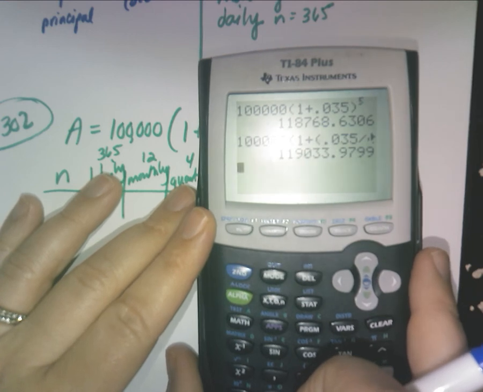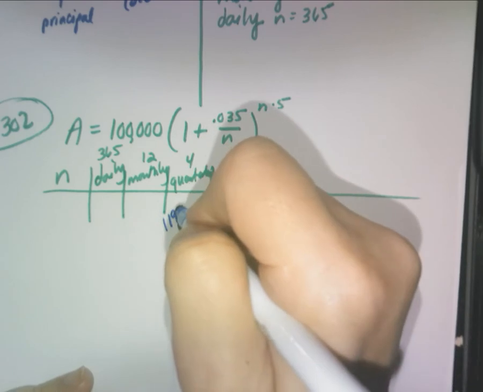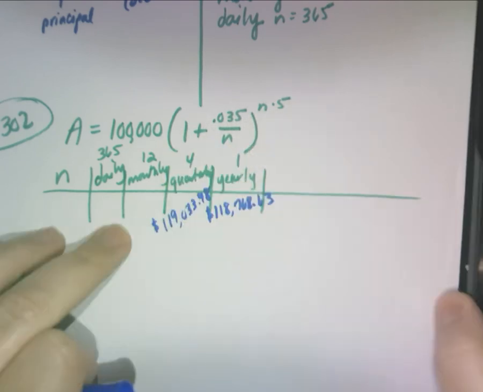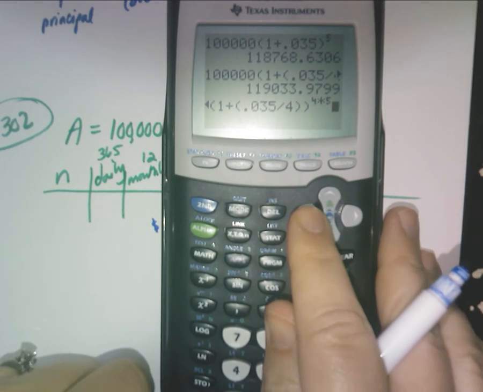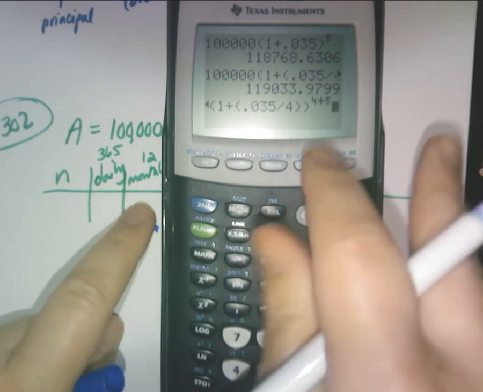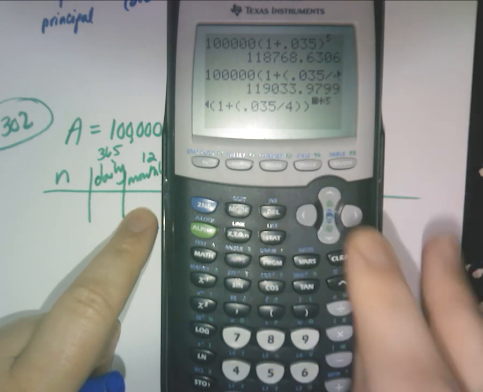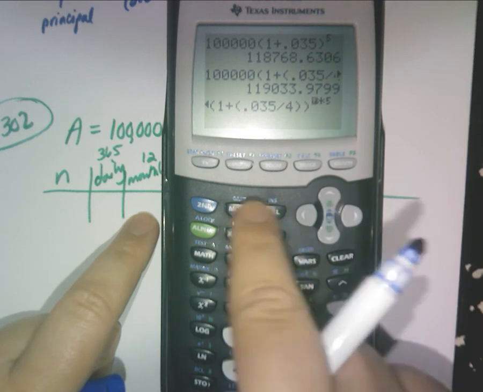$119,033.98. Okay. Second enter. Now it's all in there now. And now I'm just going to replace the 4 with a 12. You can type over it, but if it's one digit, you actually have to insert.